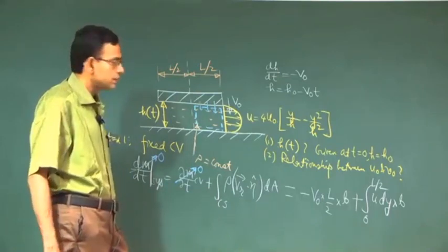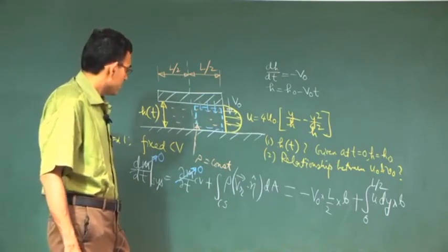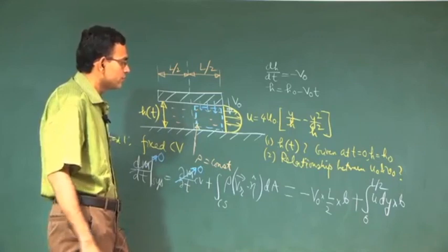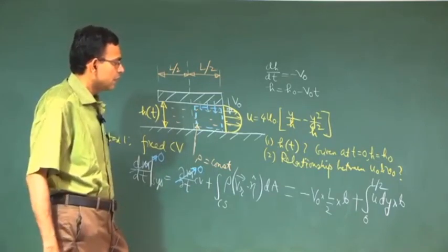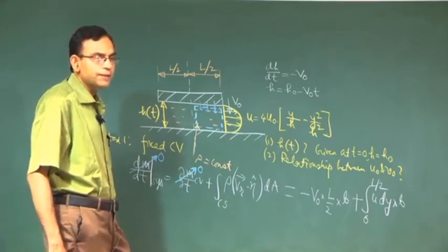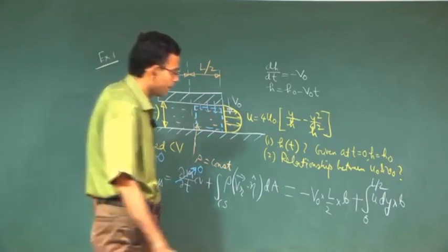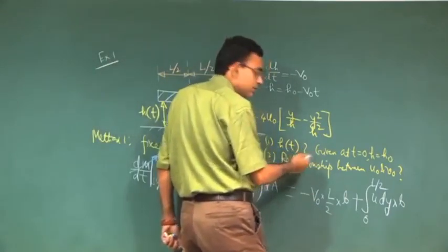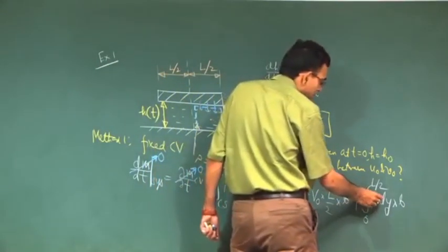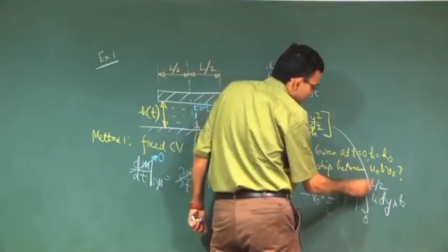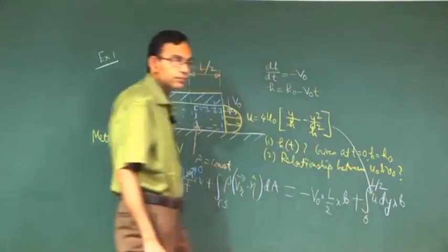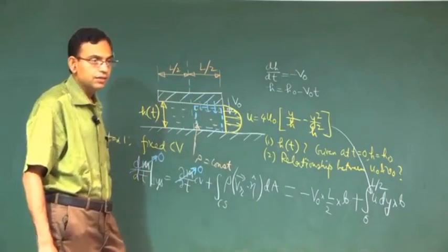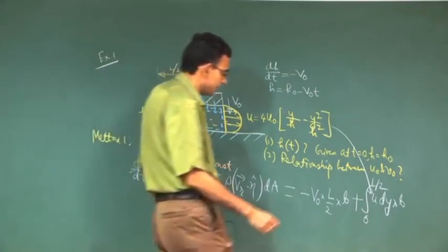okay. So this will give you a relationship between u naught and v naught, because this u, now you can substitute this expression here, right, there is a rho here, right.